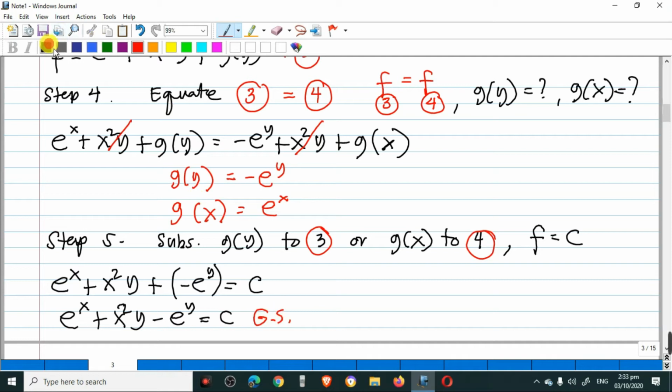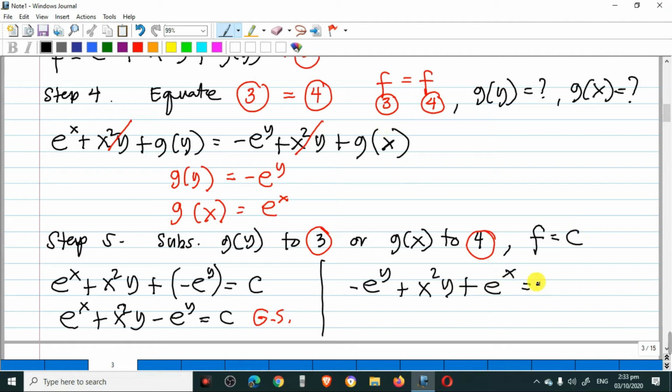Okay? O, gamitin ko pa yung isa. Yung equation number 4. E raised to negative e raised to y. Ito naman yung equation number 4. So, plus this one, x squared y plus g(x). What is g(x)? g(x) is equal to e raised to x, and this is equal to f.